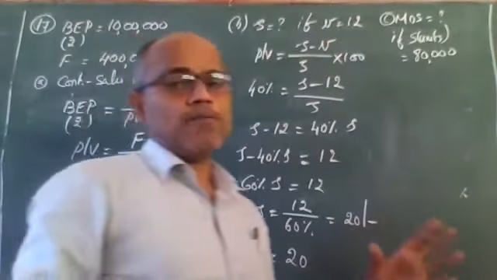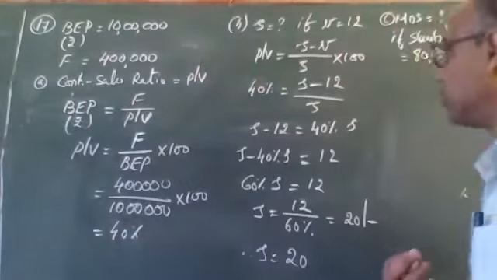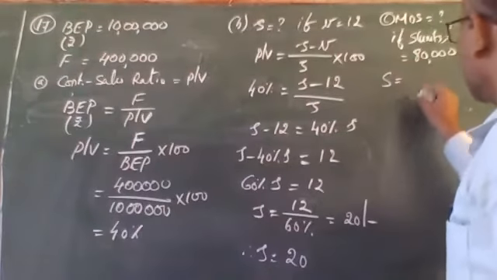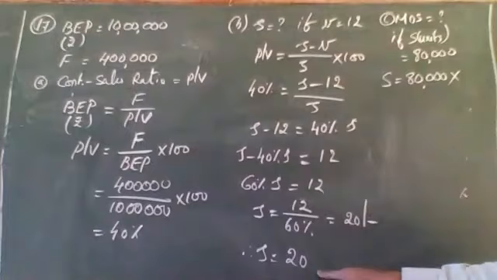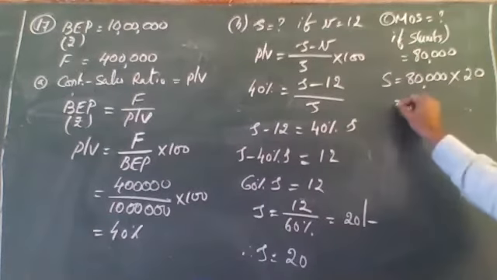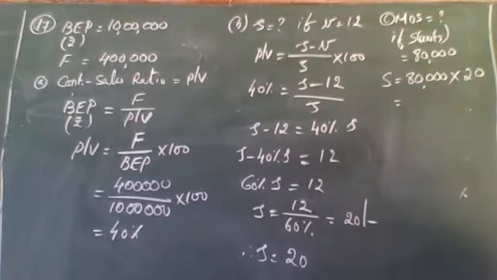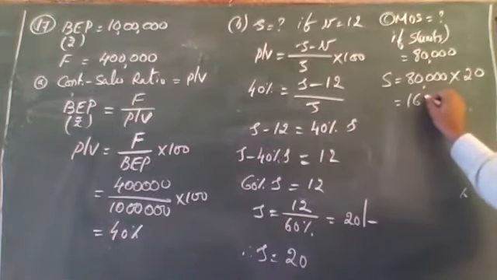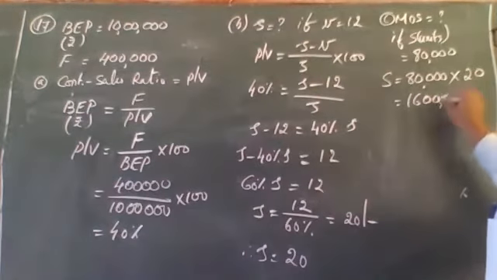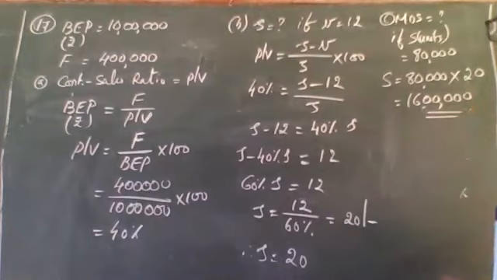Now I will first find out the sales value. What will be the total sales? I am selling 80,000 units and each unit I am selling at 20 rupees. That is the selling price. So 8 to 16. So is it 16 lakhs? Answer is yes.